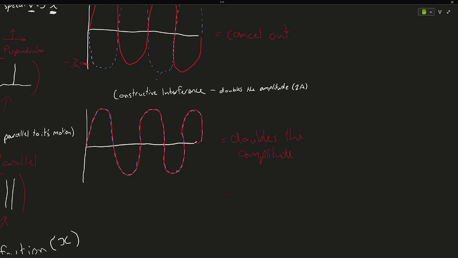That's why, let's say you have a tuning fork, a little thing like that. Let's say this was 32 hertz, and you had a second one here.